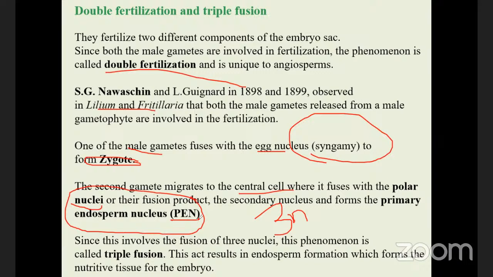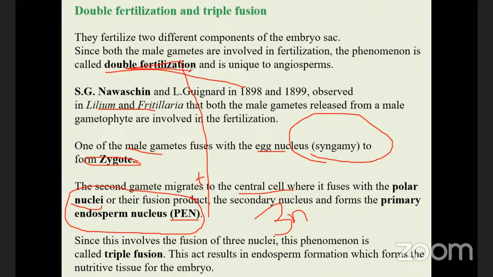Endosperm is a nutritive tissue which will be useful to develop, to mature, and to germinate the seed. Endosperm is formed after fertilization only, with the fusion of the second male gamete with the polar nuclei. That process is called triple fusion. These two fertilizations, one is syngamy, the second is triple fusion. These two processes are commonly called double fertilization.